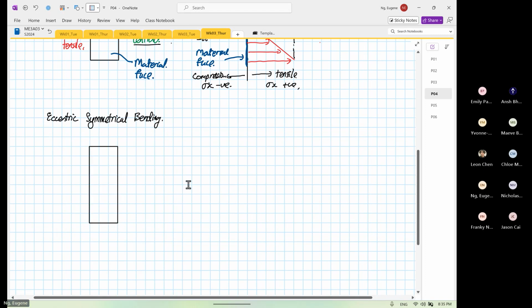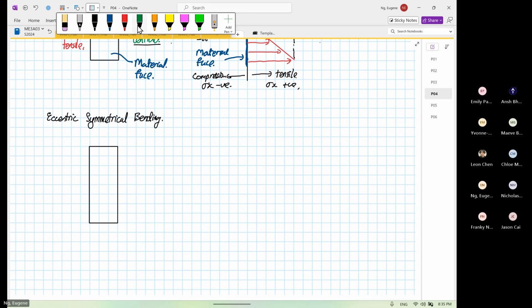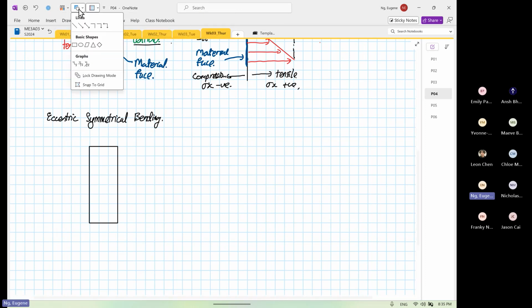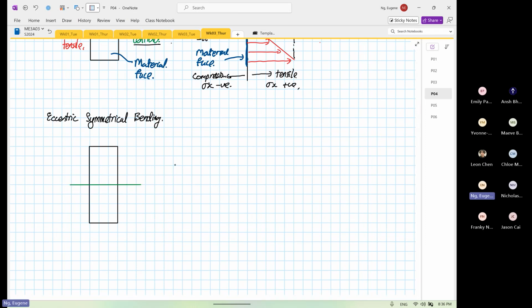Right? So again, based on observation, this is the position of our centroid.